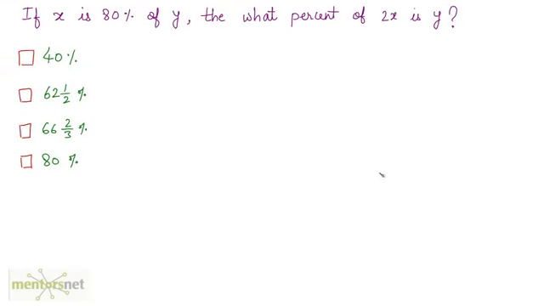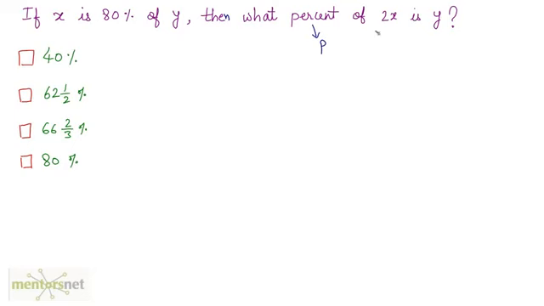If X is 80% of Y, then what percent of 2X is Y? So we have what percent of 2X be Y. Let us assume that this percent is P percent.